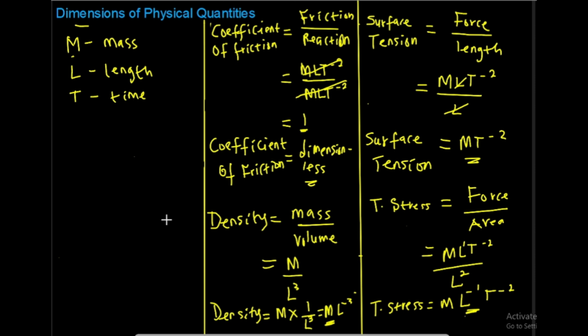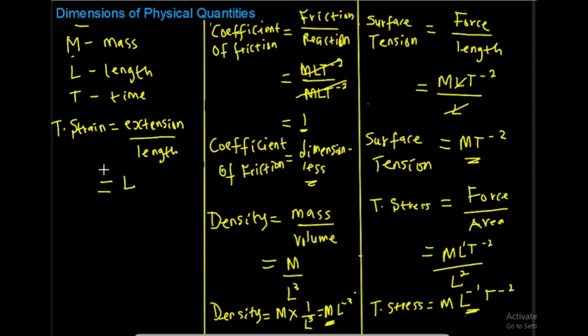So moving on, we take the dimension for tensile strain. Tensile strain mathematically is equal to extension over length. That's the equation for it. Now extension is a form of length, so we represent it with L. It's also the difference between two points.